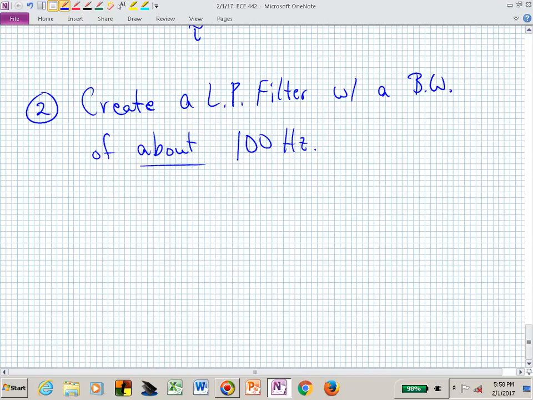If it was ideal, I would pass everything from DC up to 100 hertz, and then nothing beyond 100 hertz would go through. But this is a first order low pass, and so we have a smooth transition between the pass band of the filter and the stop band of the filter. But here, my cutoff frequency in hertz is 100.